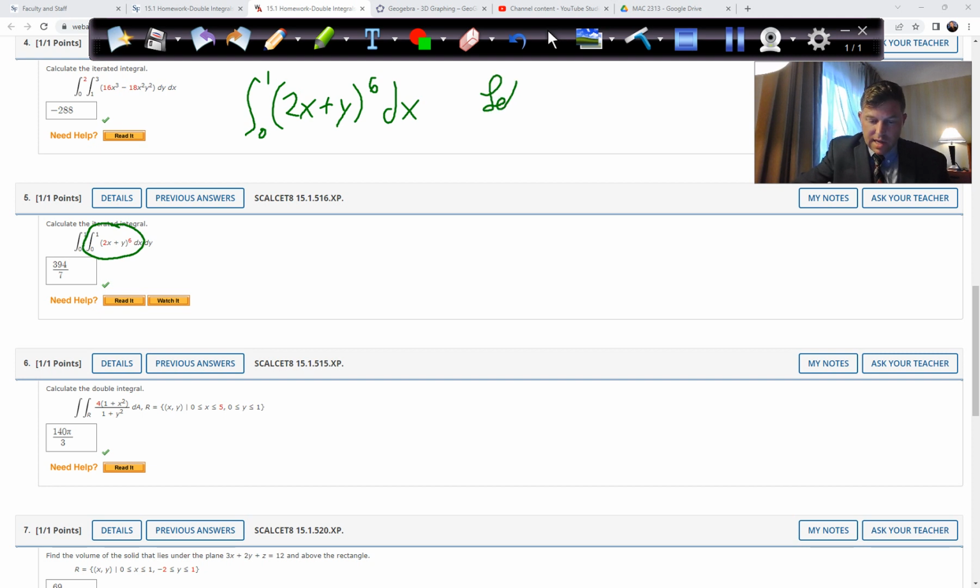So we're going to let u equal everything in that bubble. Therefore, the derivative of u would be 2 dx, and y would go away. And then we divide by 2 to solve for dx.